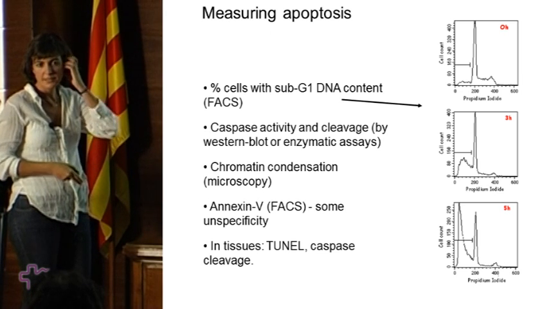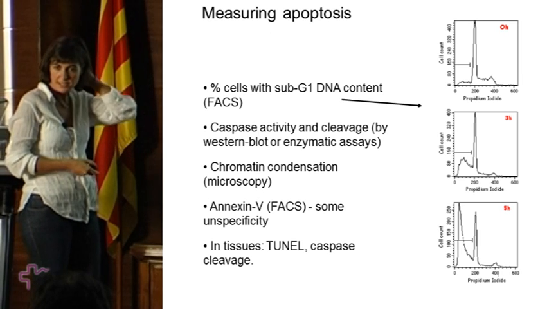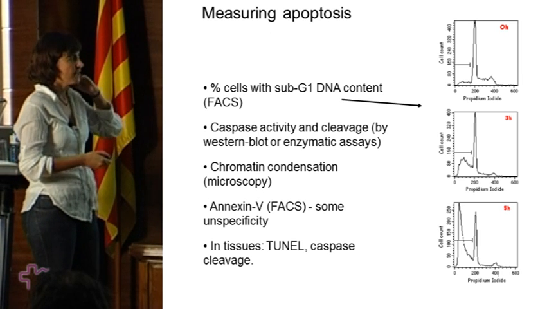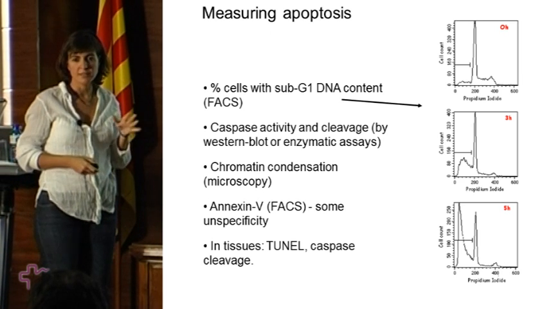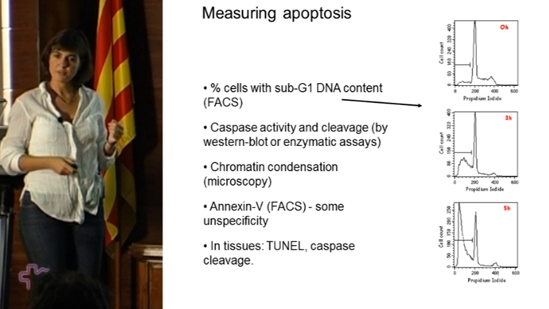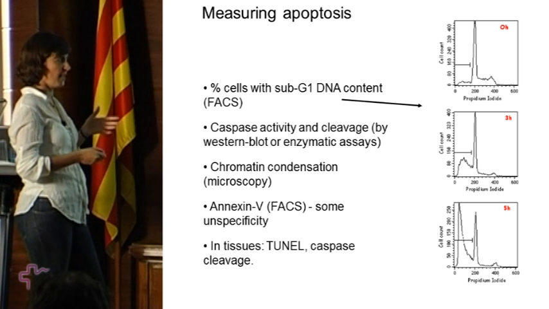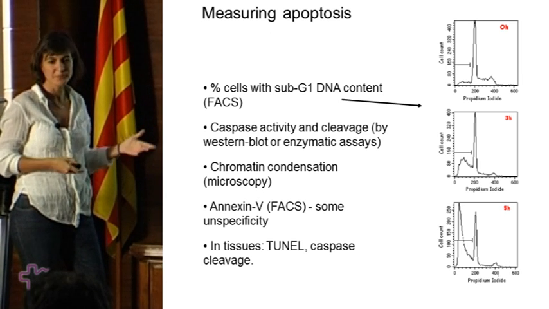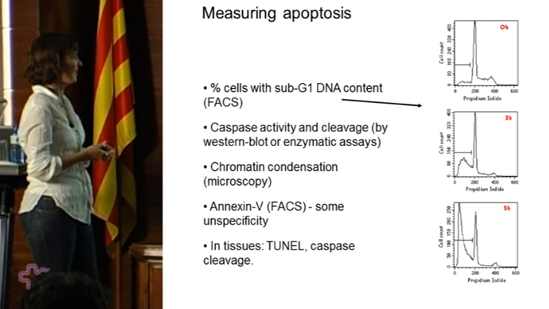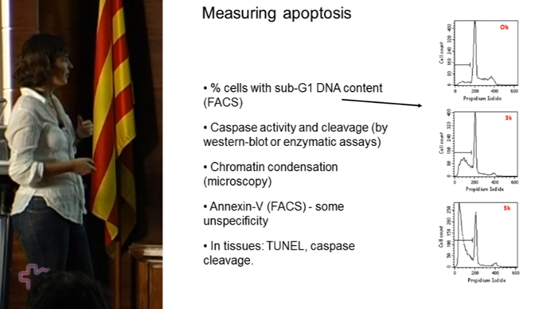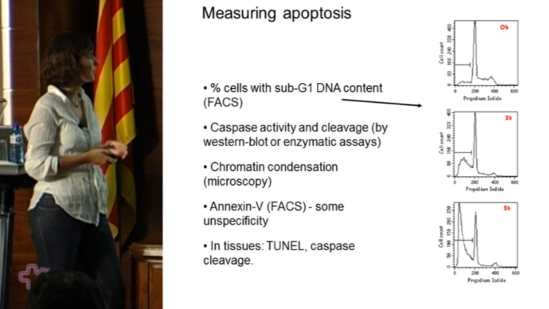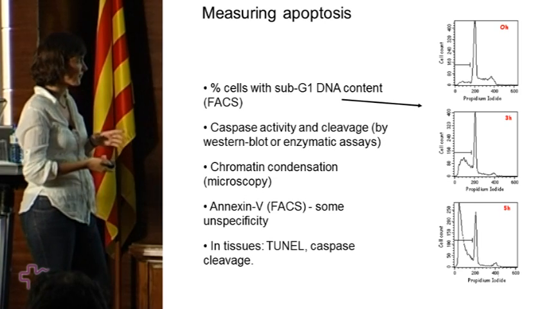These cells have degraded DNA and they have less DNA content. It's not the only reliable method. You need to do a lot of things if you're trying to understand whether your cells are dying by apoptosis or necrosis, but at least this is very handy because you can fix the cells and run them through the FACS any other day. Other methods are looking at chromatin condensation, annexin, and caspase cleavage.